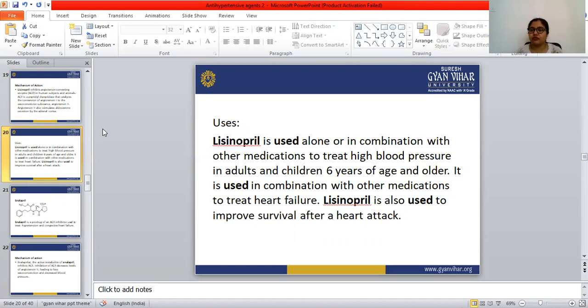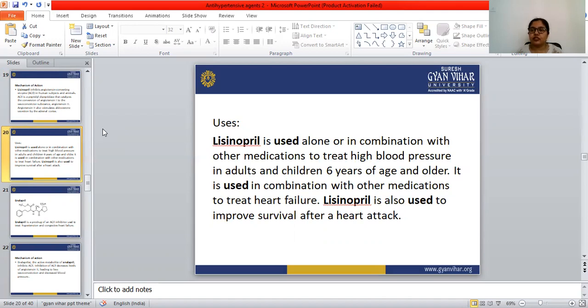The mechanism of action of lisinopril is that it reduces ACE, meaning angiotensin converting enzyme. Due to that reduction, the conversion of angiotensin 1 to angiotensin 2 doesn't happen, and thereby the blood pressure is reduced.